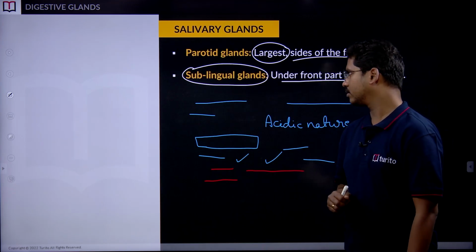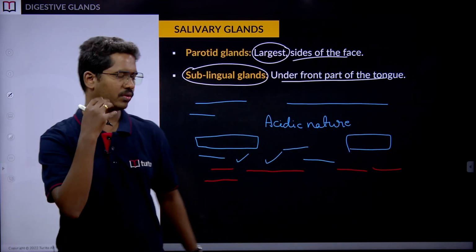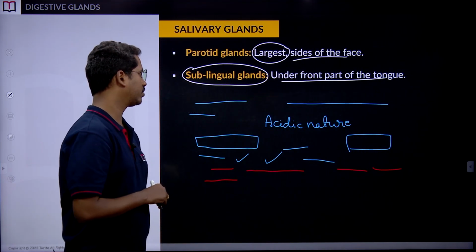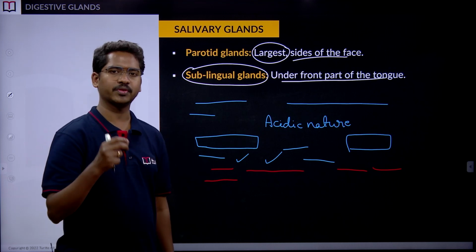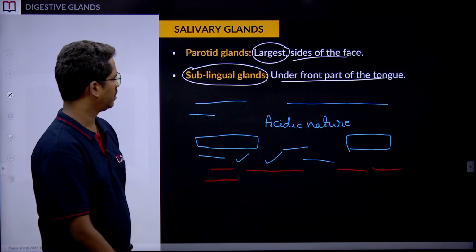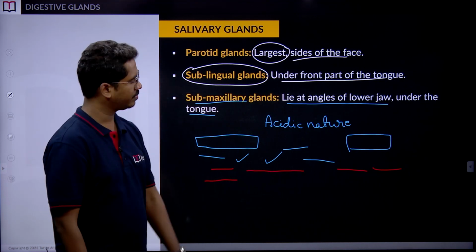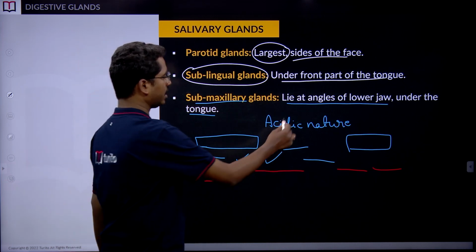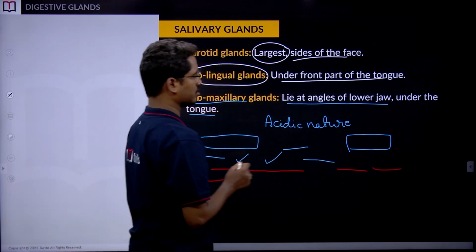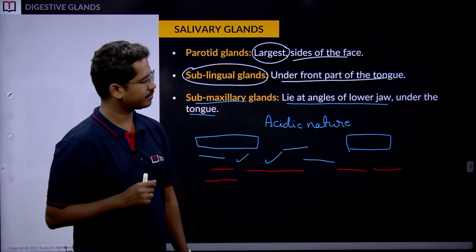So, you see that parotid glands, they are the largest ones present at the sides of the face, and the sublingual glands are just present under the front part of our tongue, okay. Then submaxillary or submandibular glands, as they are known, are basically lying at the angles of our lower jaw, somewhere here, I was telling you that, okay.